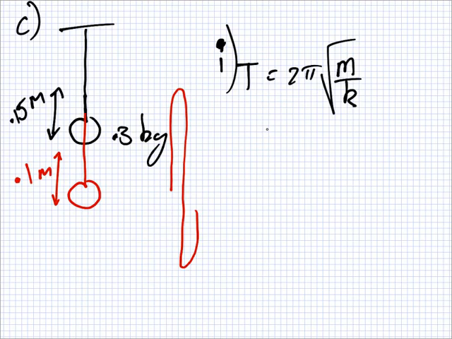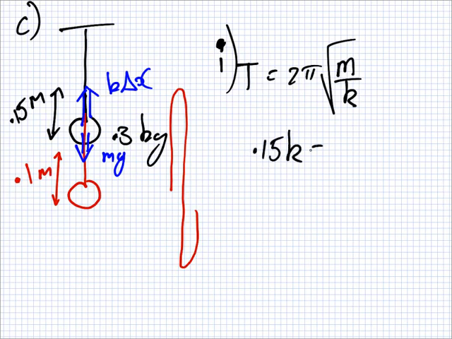We don't know the k, but that's no big deal because in the beginning, when it wasn't moving, it was at rest, and the up force, which was from Hooke's law, k delta x, should equal the down force, which is mg. So you know that delta x, which is 0.15 times k, should equal 0.3 times 9.81. So in this way you can get the k.